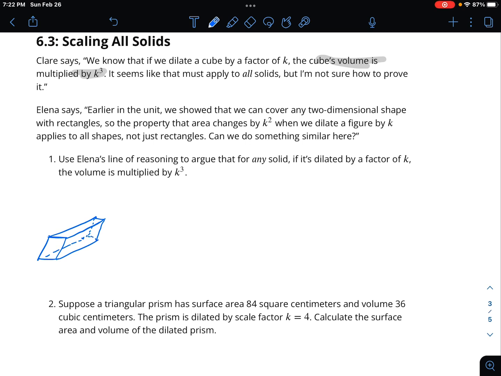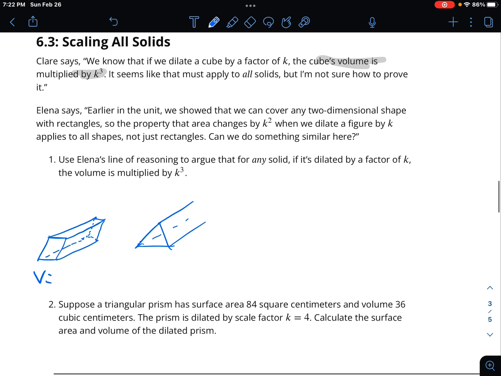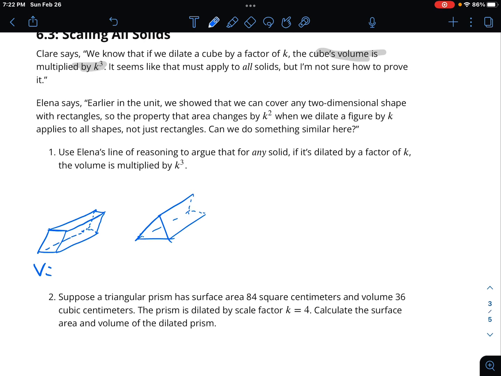How would this work? What's the area formula for this, or the volume formula for this? How would it be affected by scale factor k? I also want you guys to think about a triangular prism. Okay, think about the volume and how a scale factor multiplying each of these sides changes it.